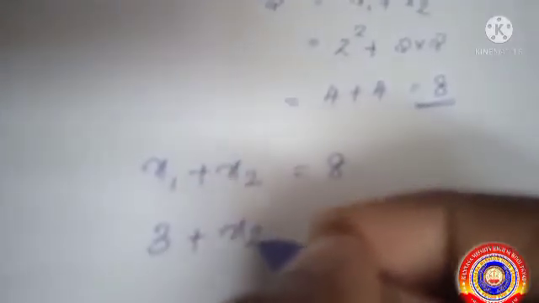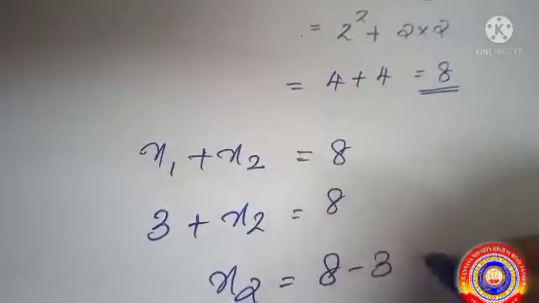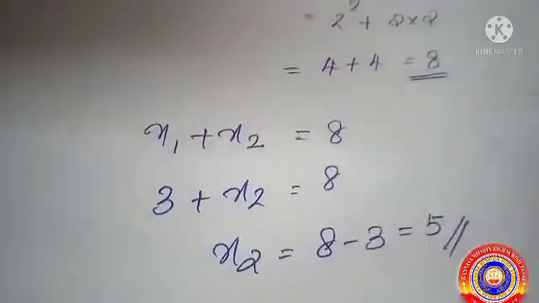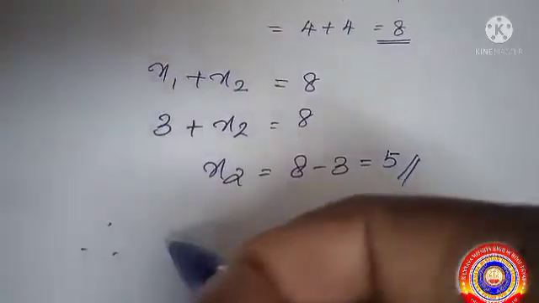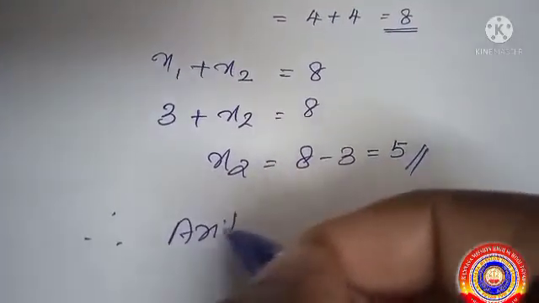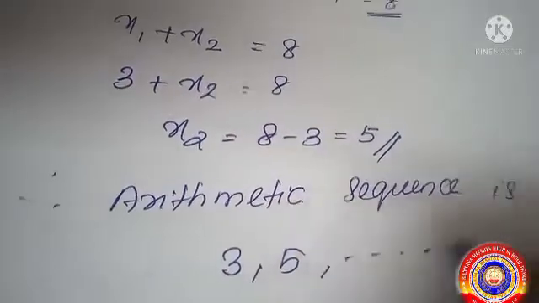Here x1 equal to 3, so 3 plus x2 is equal to 8. Therefore, x2 is equal to 8 minus 3, which is 5. Therefore, the arithmetic sequence is 3, 5, etc.